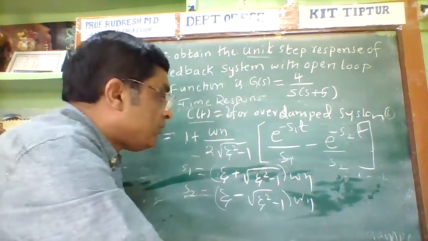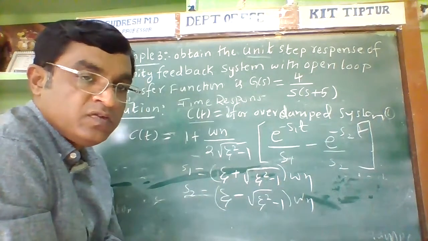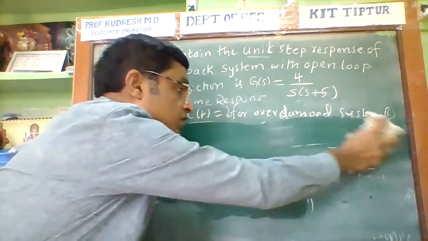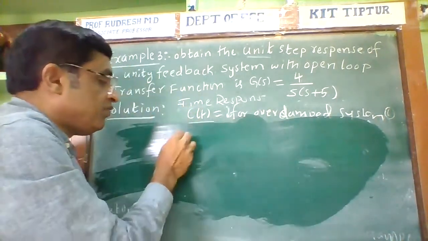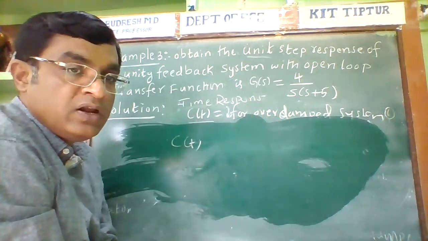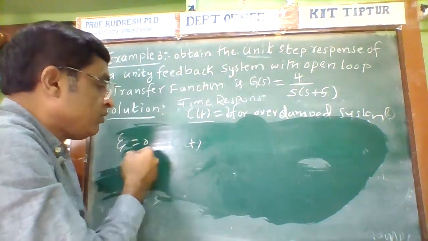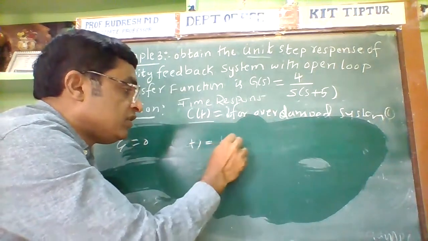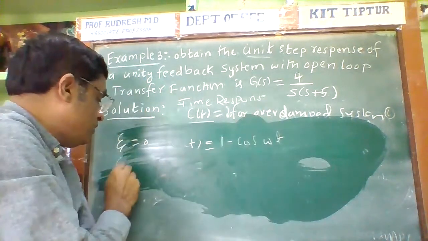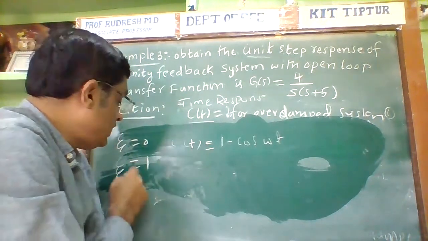Similarly, for an undamped system, if the zeta value is equal to 0, we should write the equation 1 minus cos of omega n t. If zeta is equal to 1, such a system is called a critically damped system.